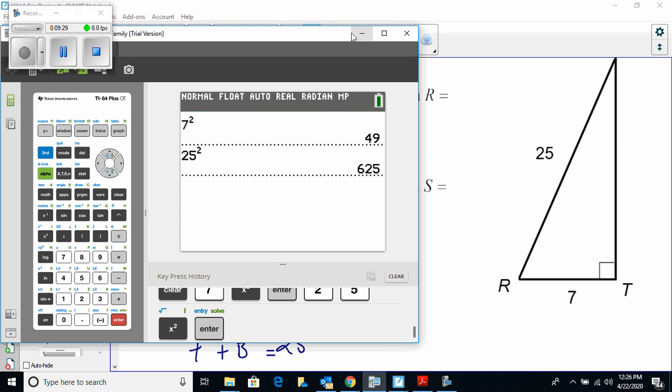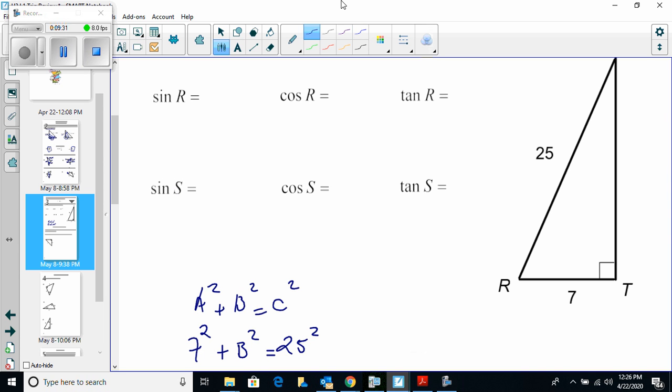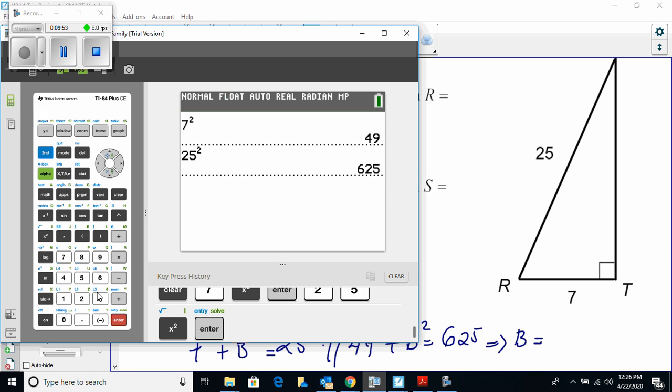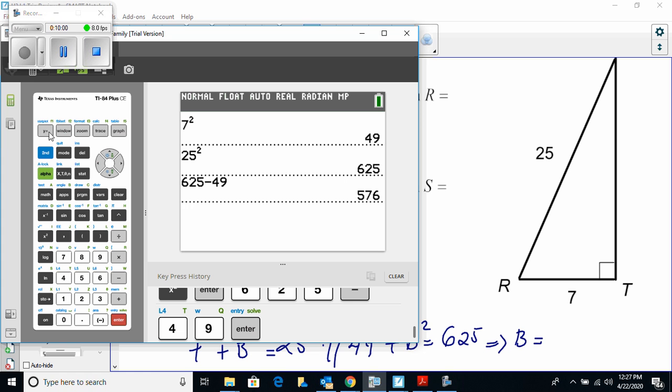So what we have here is 49 plus b squared is equal to 625, and from here we find that b is equal to, let's do this calculation, 625 minus 49 and then the square root of the answer.